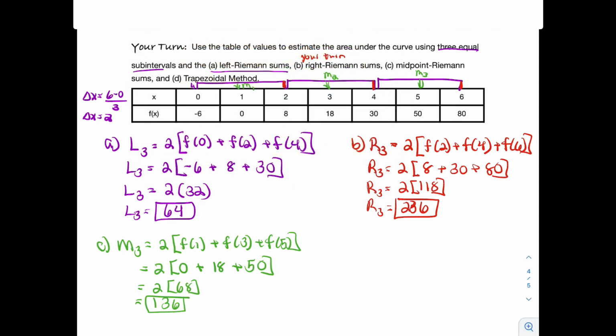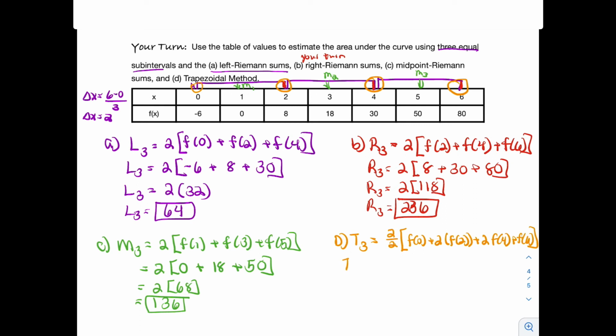Last but not least, use your trapezoidal method to approximate the area. With the trapezoidal method, you take delta x divided by 2, so in this case that's 2 divided by 2, or 1, and then I take f of 0 plus 2 times f of 2 plus 2 times f of 4 plus f of 6.